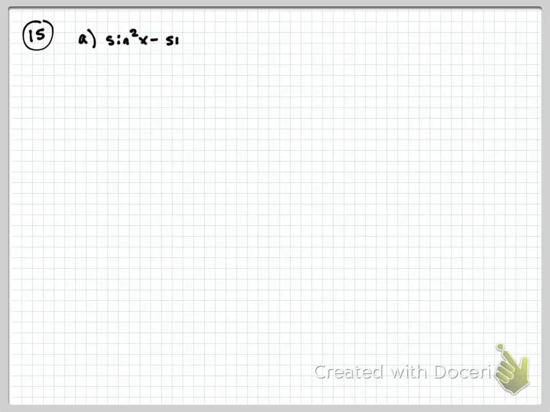It gives you this quadratic, and when you see the quadratic, you want to make everything equal to 0. And we also want to write everything in terms of sine, because we already have what's there. So we're going to rewrite sine squared x minus sine x.